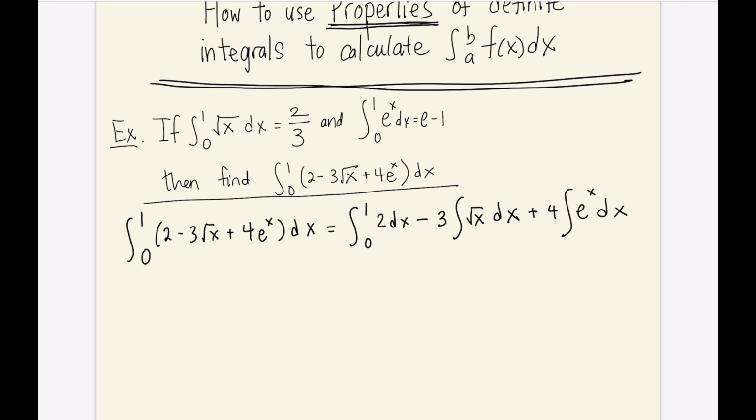And for the first one, we can apply that very first property with constants. So this would be 2 times 1 minus 0. This integral we were actually told, oh, and I forgot my bounds of integration here. I can't forget those. So this integral we were told is equal to 2/3.